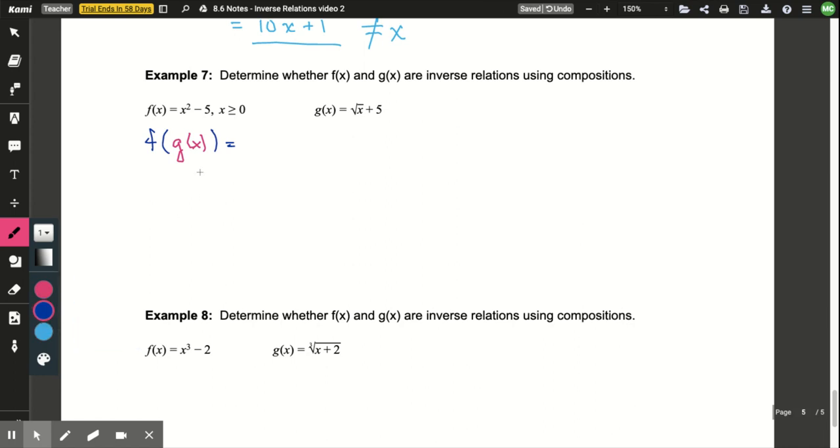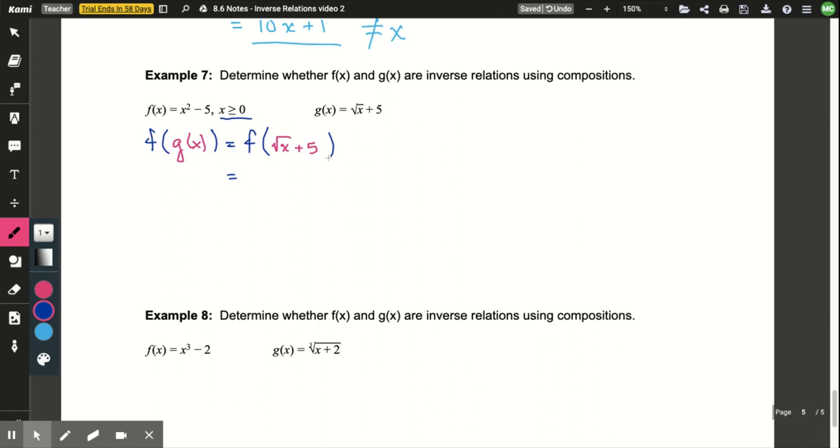Okay, my g of x is my inside function, so the first thing I would need to do is replace g of x with what g of x is equal to. And now I can bring in f of x into the function here. I don't really need to worry about this part too terribly much.